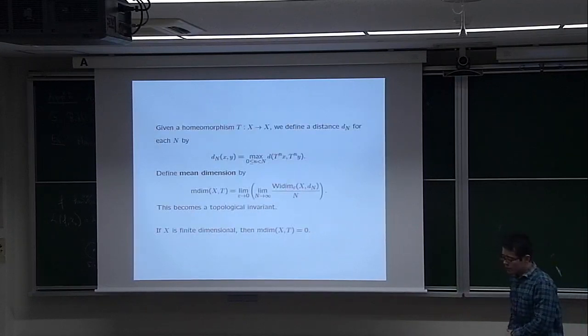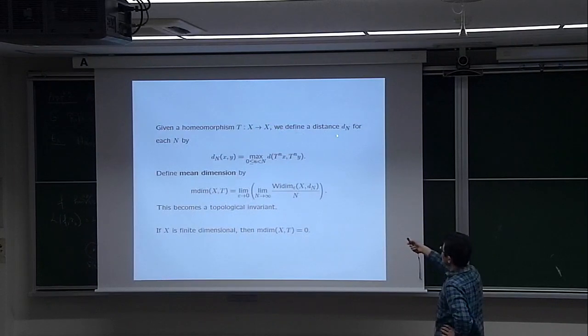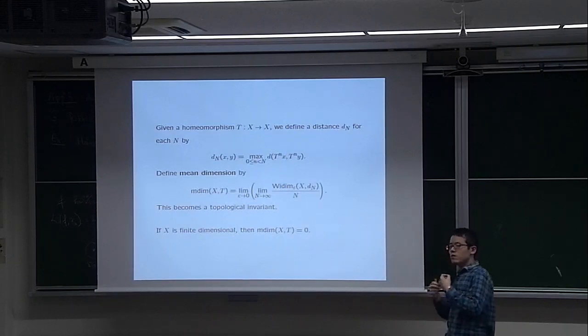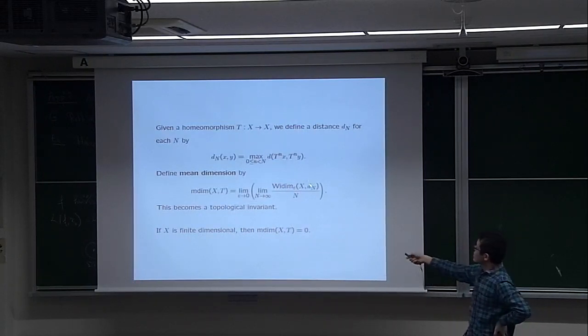So next, I introduce mean dimension. Given a homeomorphism T, we can define a new distance d_n for each integer n by this formula. This means that we want to estimate the distance between orbits. Then we define mean dimension this way. This is the epsilon width dimension, and we put the new distance d_n here.